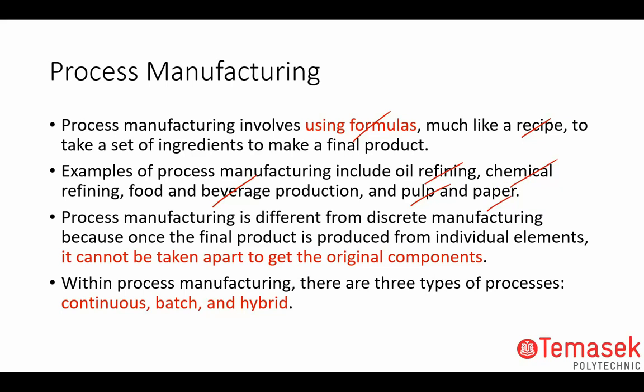It is different from discrete manufacturing. It cannot be taken apart to get back to the original components, whereas discrete can. Processes can be broken into: one, continuous; two, batch; three, hybrid.